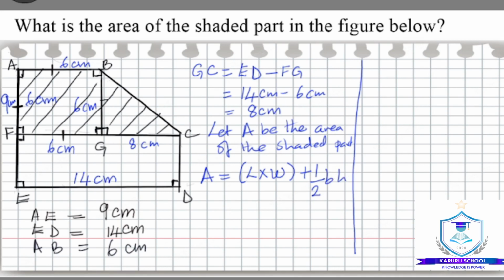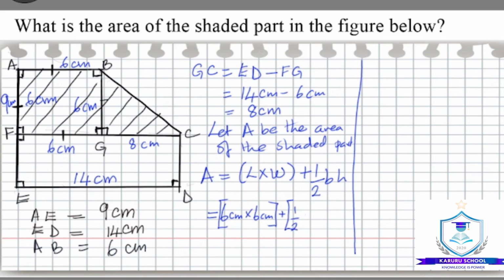So substituting in the values, we will get that the area will be equal to the area of the square, which is 6 centimeters multiplied by 6 centimeters, and then add the area of the triangle, which will be given by a half.